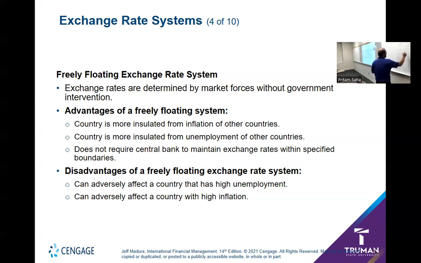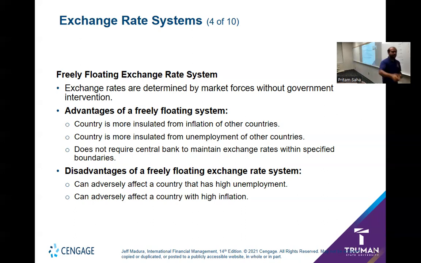High unemployment, let's say, in Mexico. That means the overall income level of Mexico is not good, right? They should not be demanding more goods from USA, right? That means there will be lower import in Mexico. Current account balance could be positive, right?